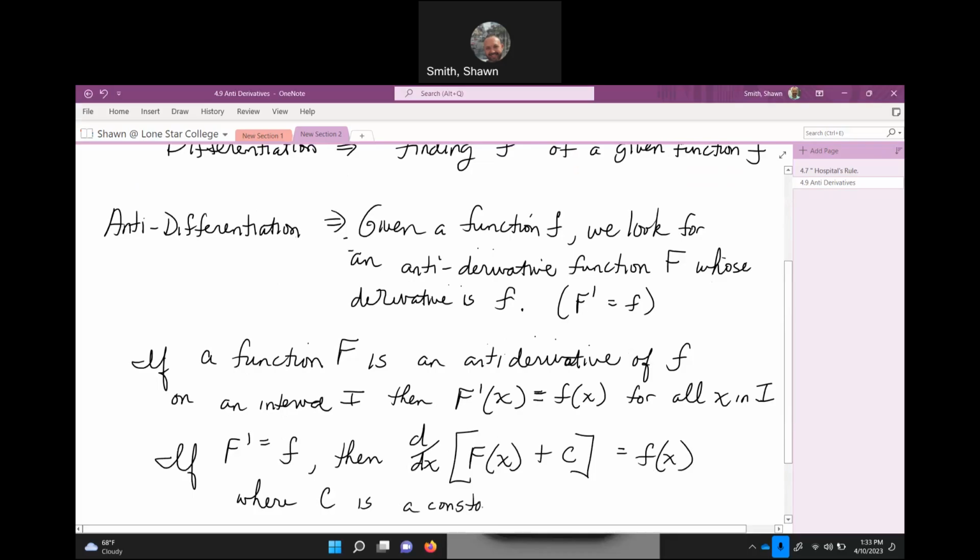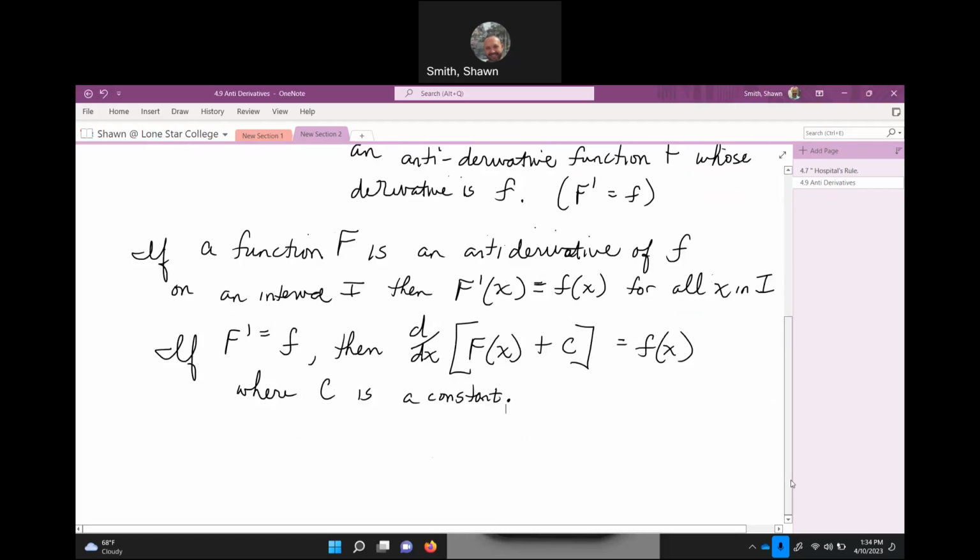Why do we add in a plus c? The derivative of cap F is f. The derivative of a constant is 0, right? So no matter what constant is out there, when I take the derivative, I have its antiderivative, cap F.